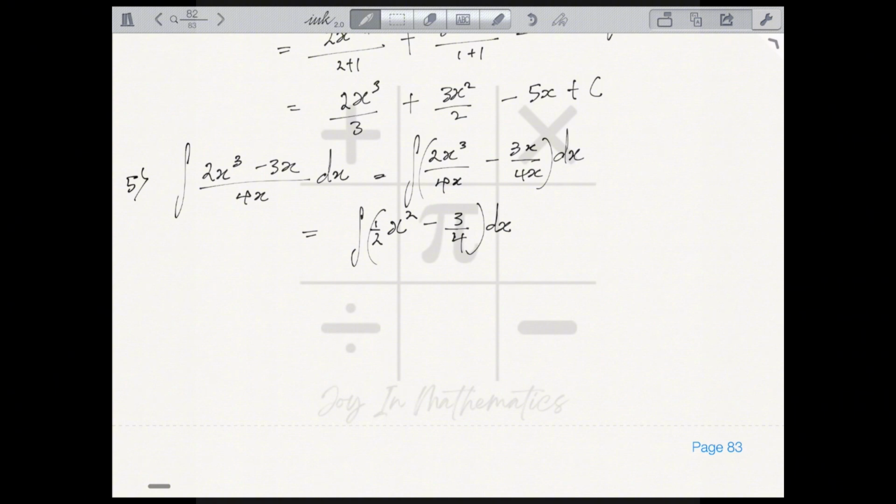Now the next thing to do is to integrate each term. That's the integral of 1 over 2 x squared minus the integral of 3 over 4 dx. Now this will give us 1 over 2 x raised to power n, our n is 2, plus 1 divided by 2 plus 1, minus 3 over 4 x plus c.